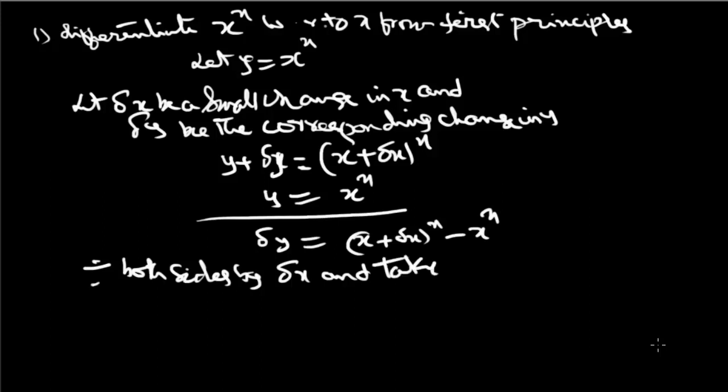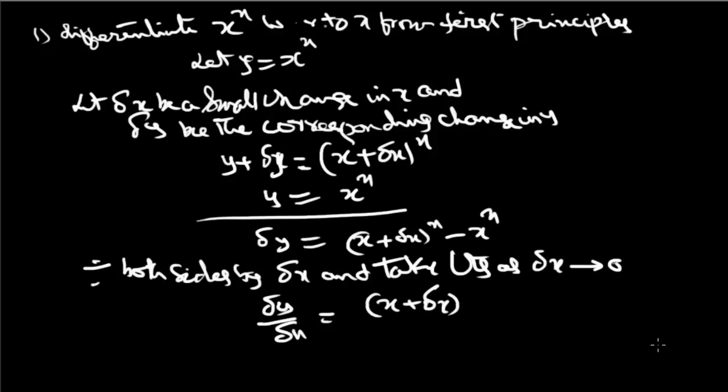First of all, you divide delta y by delta x, and on the other side you divide (x plus delta x) whole power n minus x power n by delta x. At this stage, write the limits: limit delta x tending to 0 here, and limit delta x tending to 0 here also.